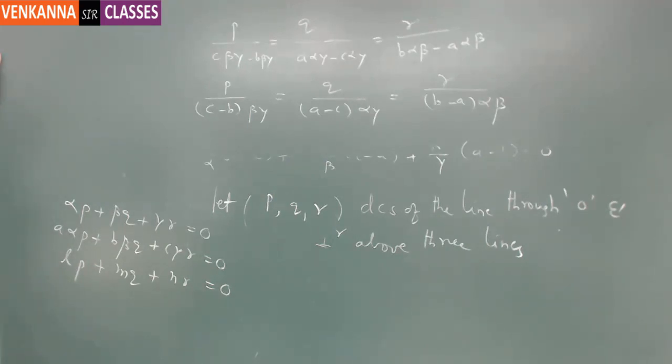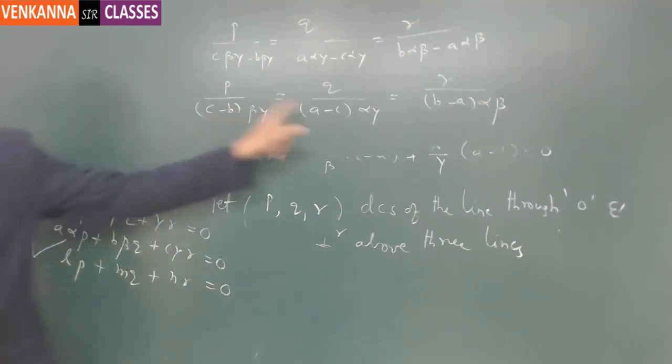So P is nothing but C minus B into beta gamma, Q is nothing but A minus C into alpha gamma, and R is nothing but B minus A into alpha beta. Okay. Now, in the third equation, in place of P, Q, R, I am substituting these values.